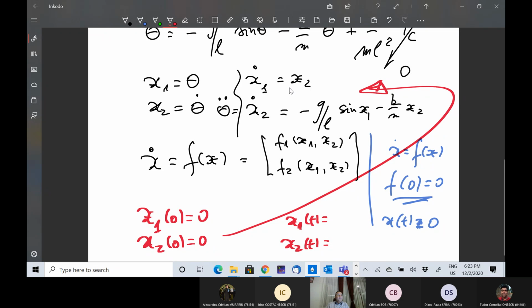So x1 is a function whose derivative is 0, so it's a constant one. Okay? So x1 will be constant, but the initial condition is 0, so x1 will be 0. x1 is 0, sine of x1 is 0. The derivative of x2 is also 0, so x2 is also constant. x2 will be 0 as well.